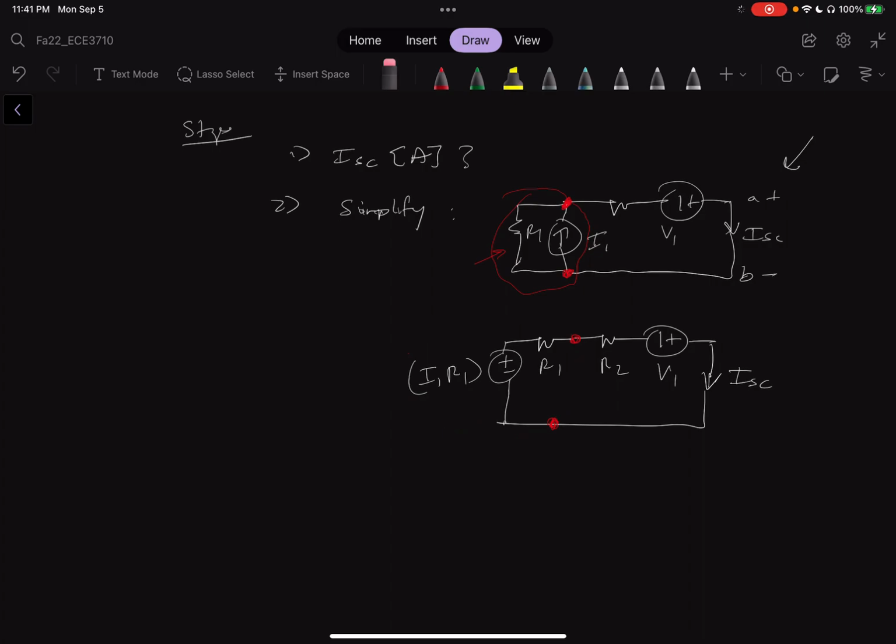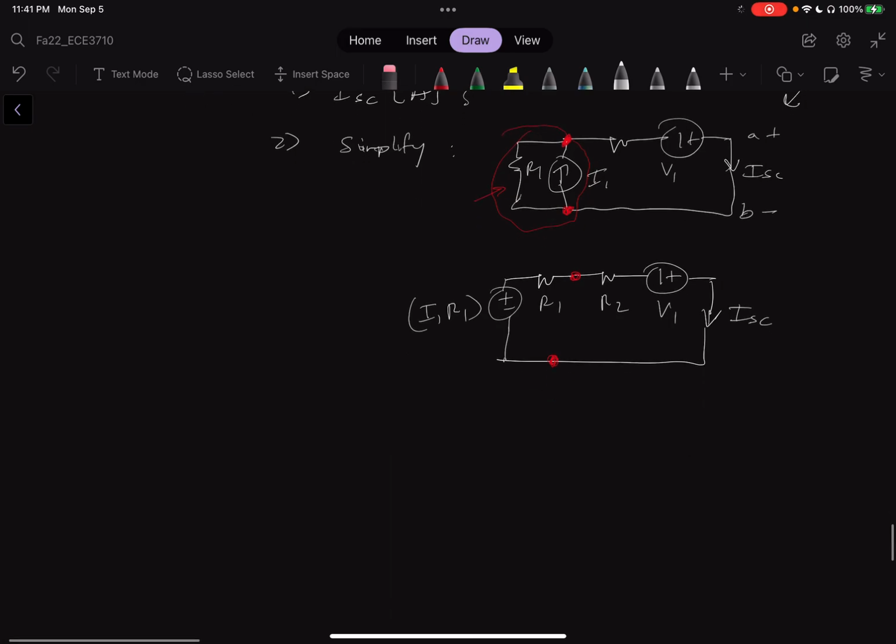And in doing so, in my own personal opinion, I believe I've simplified this circuit problem, because now I have one loop, and I have 1, 2, 3, 4, 5 knowns and one unknown. I don't know ISC, and I have one loop.